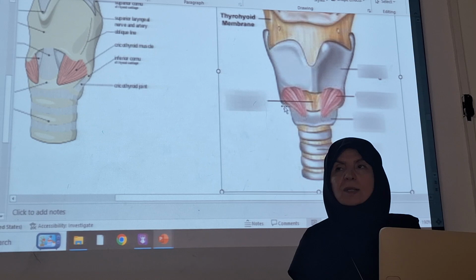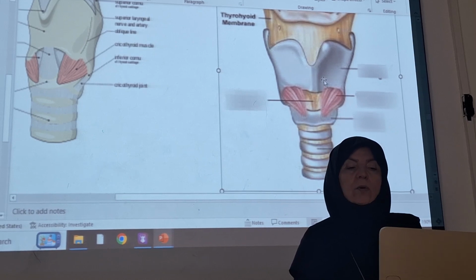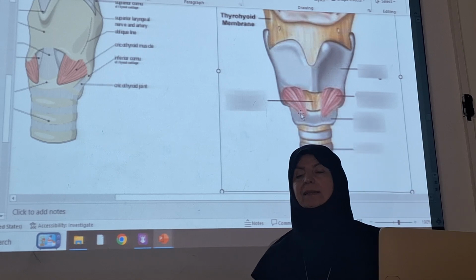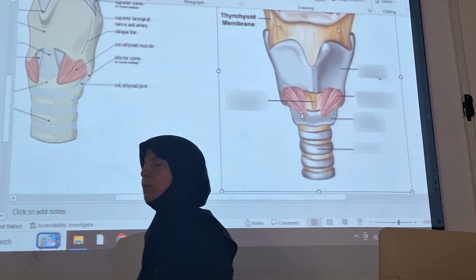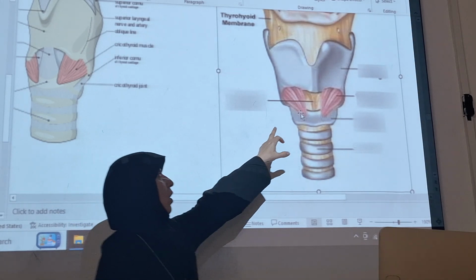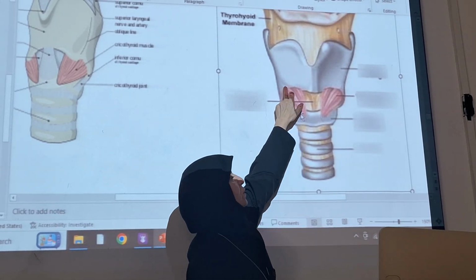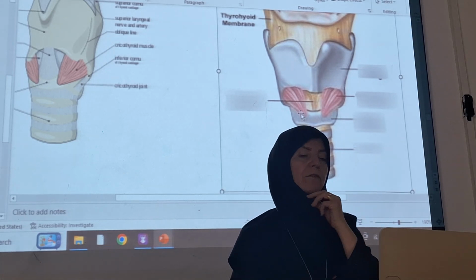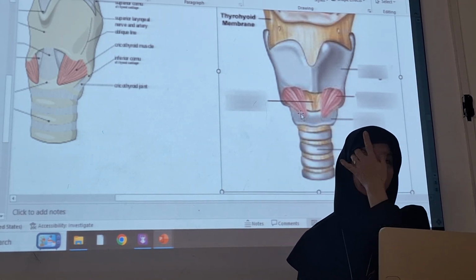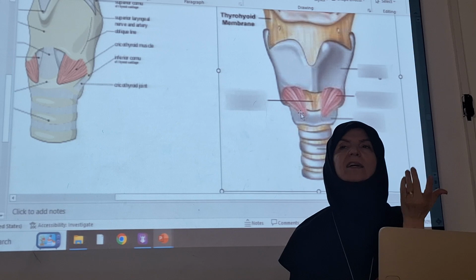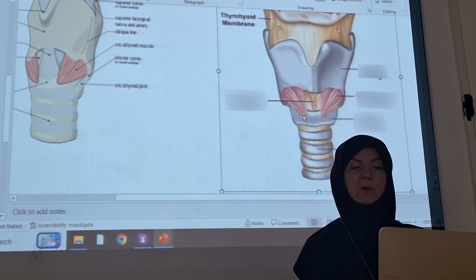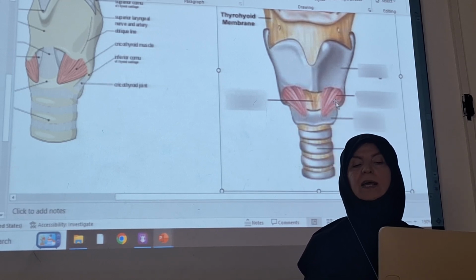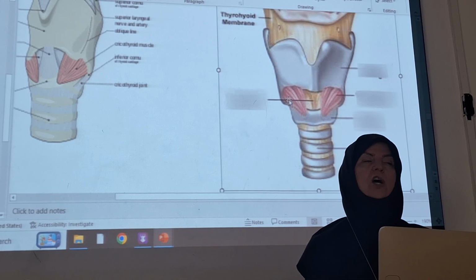What's the name of this muscle? Cricothyroid muscle. The only muscle not innervated by the recurrent laryngeal nerve is the cricothyroid muscle. It is innervated by the external laryngeal nerve.